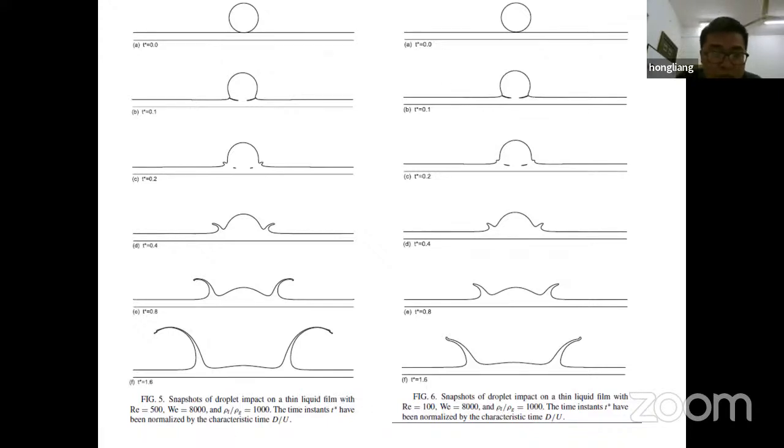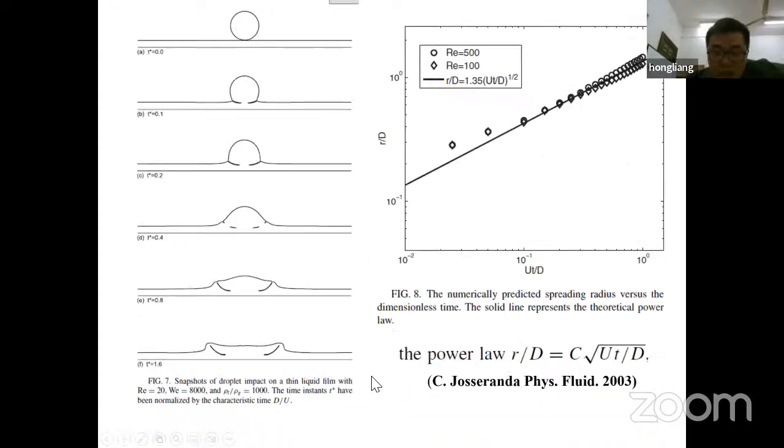We can see the drop spreads and the splashing decreases with the decrease of the Reynolds number, and at a very low Reynolds number, we cannot see this splashing phenomenon easily.